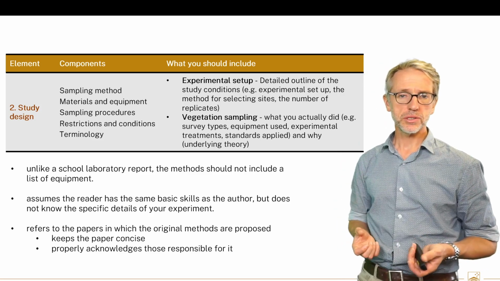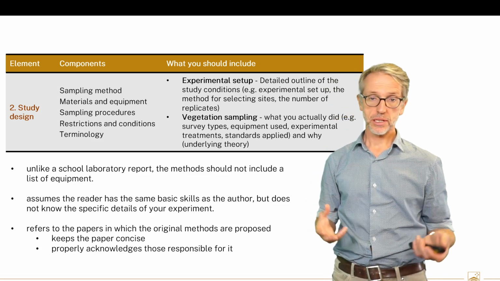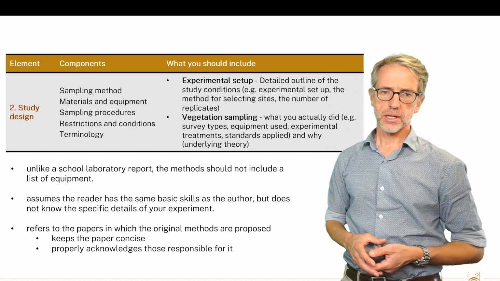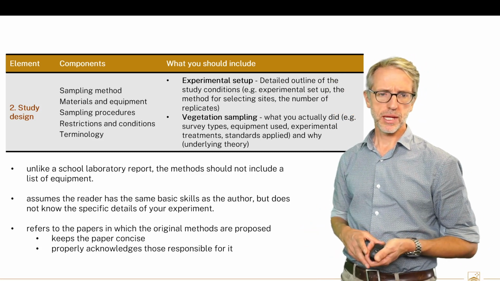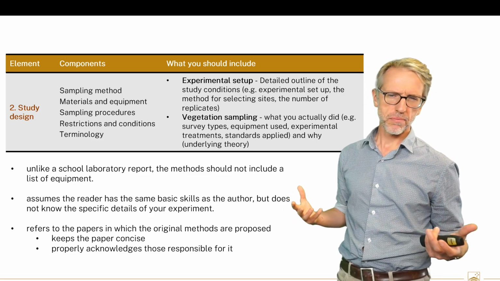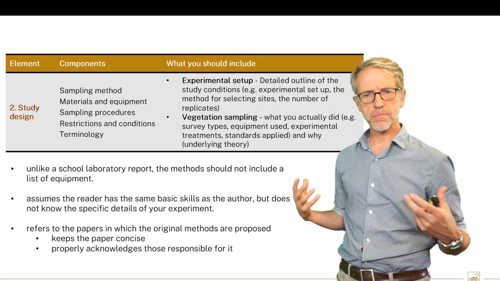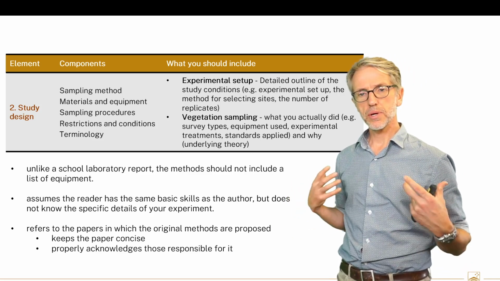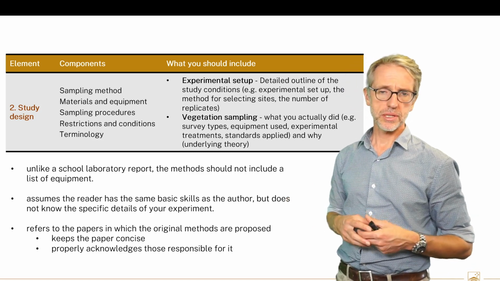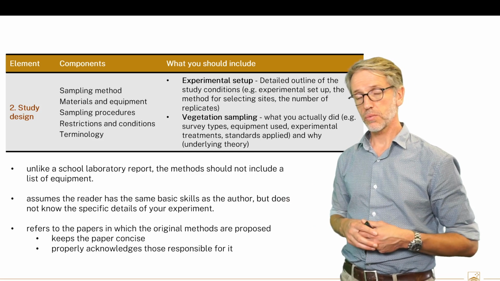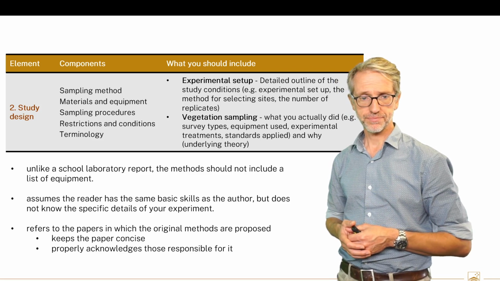One thing we tend to do, because as authors we publish into journals that have a knowledgeable readership, is make an assumption about that readership, that it has the same basic research skills that we have. They understand the basic elements that we understand. That's not to say, though, that we don't describe things in detail or that we don't include references in the method sections, because we do both of those things.